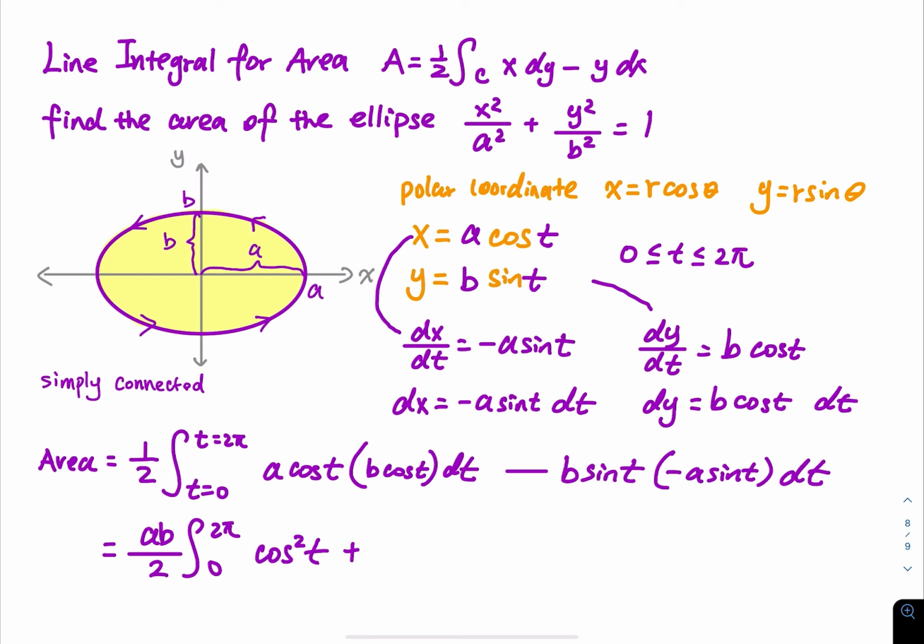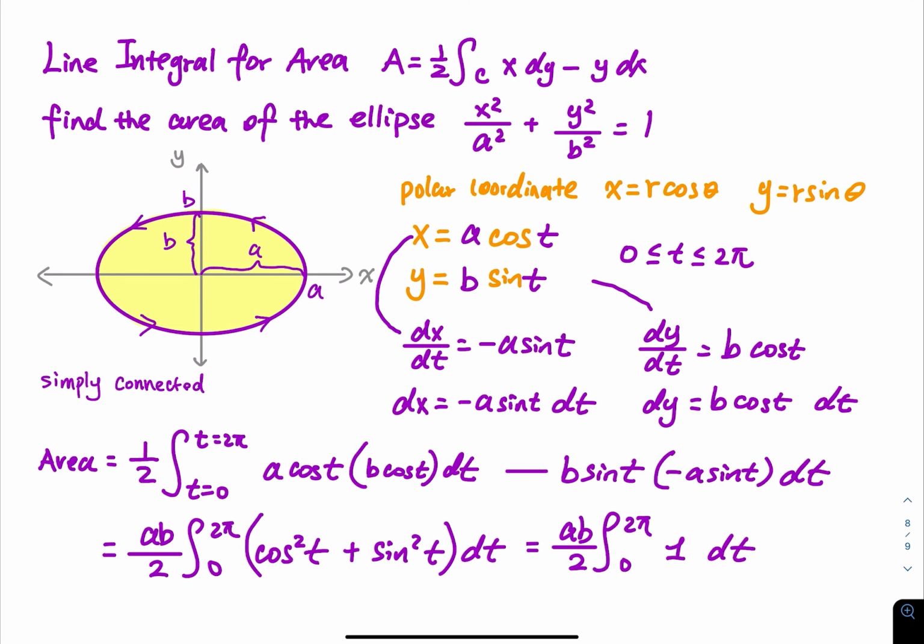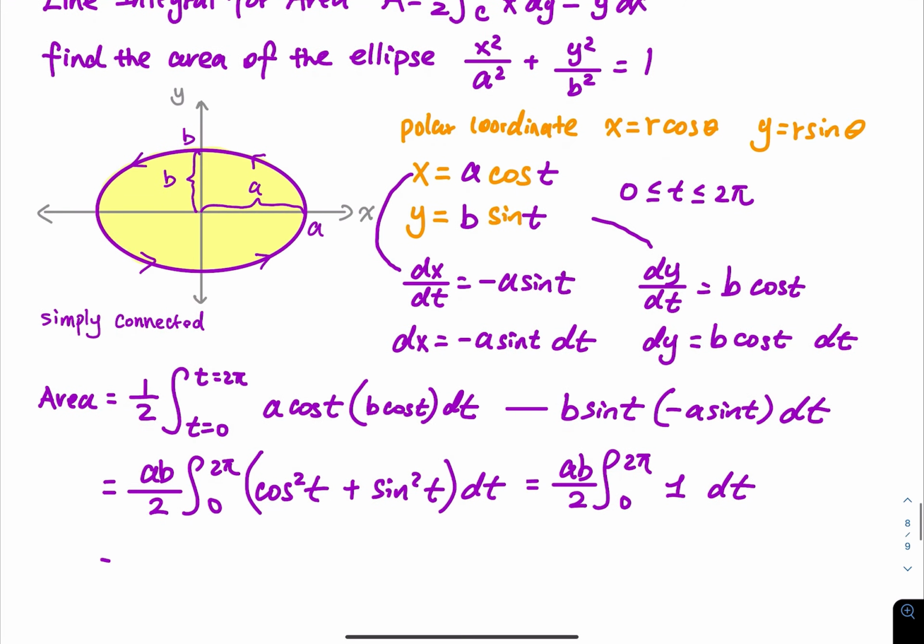We have a plus sine square of t, and then we can take the dt outside. Cosine square plus sine square, fundamental identity. So that is a times b divided by 2. t goes from 0 to 2 pi, 1 dt. The integral of 1 dt is just t. So we have a times b over 2, and then t such that t goes from 0 to 2 pi.